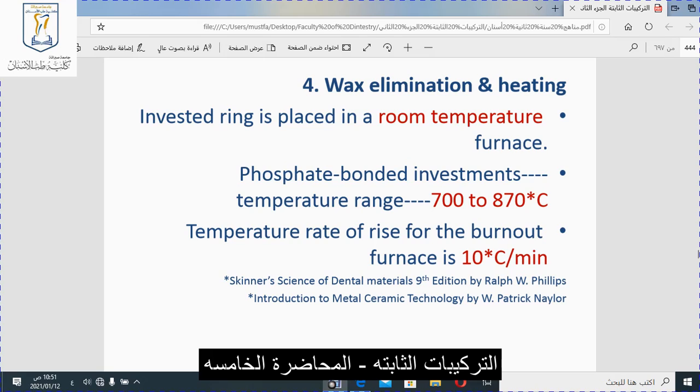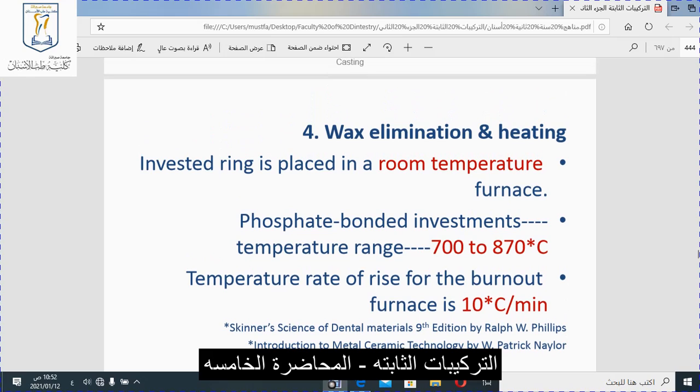The temperature rise must not be more than 10 degrees centigrade per minute, because otherwise it will disintegrate the investment material, produce fins, and cause casting defects.